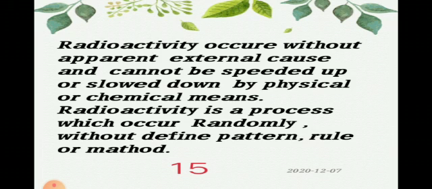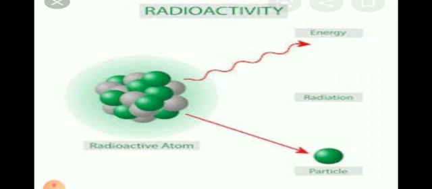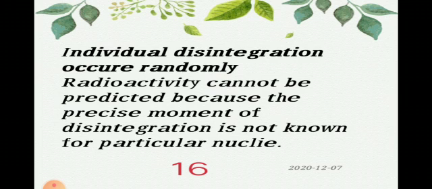Radioactivity occurs without apparent external cause and cannot be speeded up or slowed down by physical or chemical means. Radioactivity is a process which occurs randomly without a defined pattern, rule or method. Here is another radioactive element which emits the radiations by the emission of energy and subatomic particles.